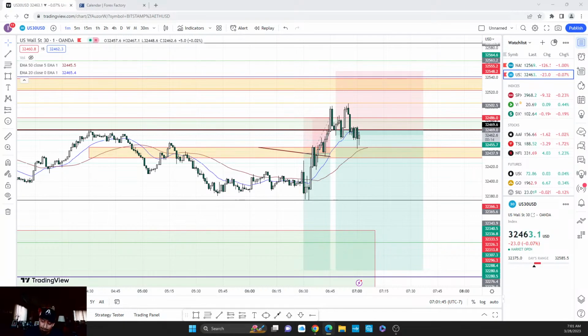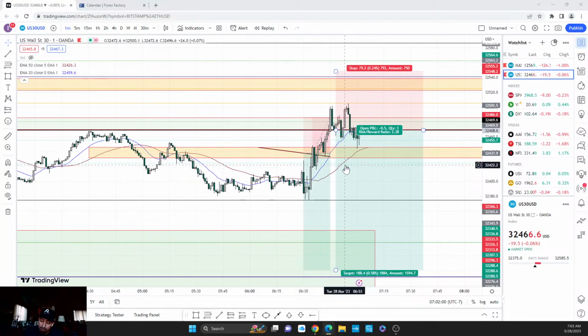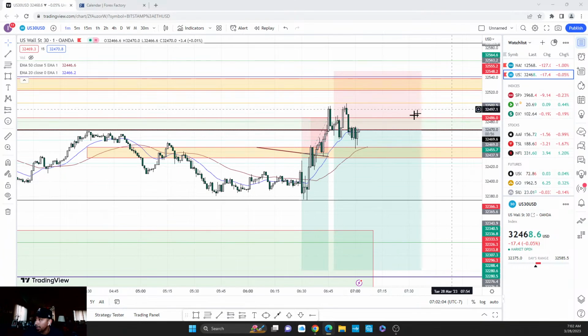But it is pumping, which I don't like. Yeah, it looks like it's gonna come up, right? Respecting the EMAs. Looks like it's gonna stack now. I think it's coming up, and we have no numbers. I was stopped out already at break even.